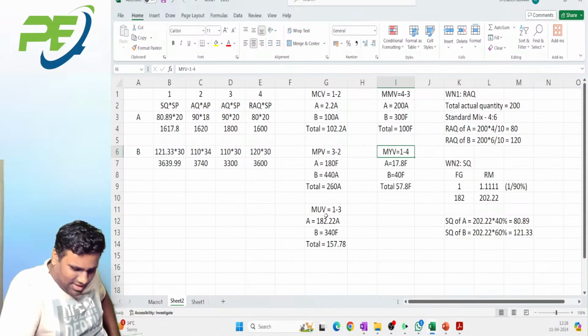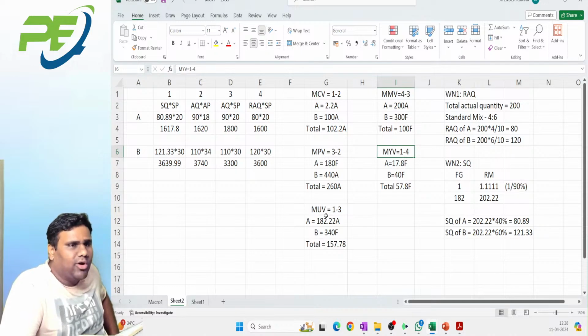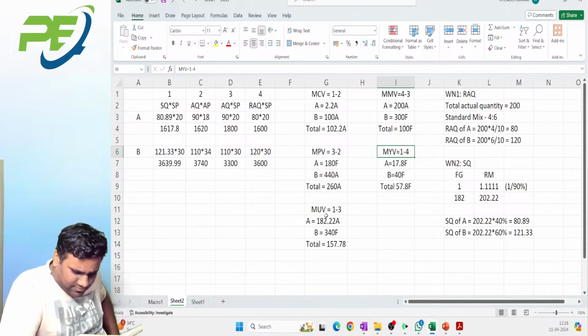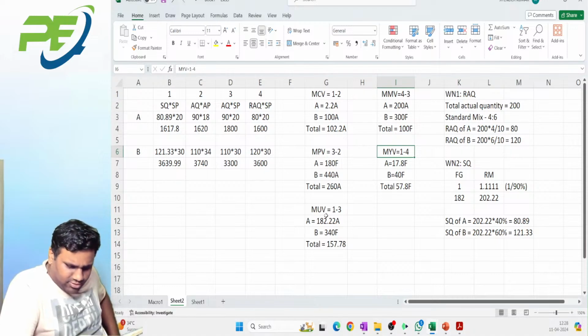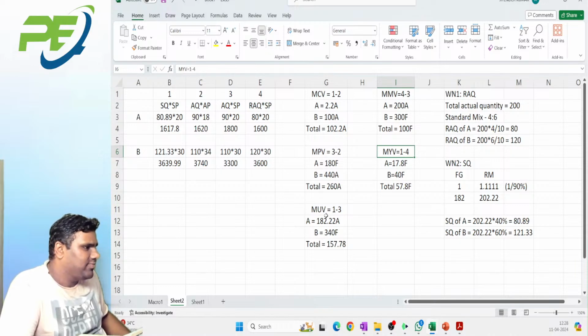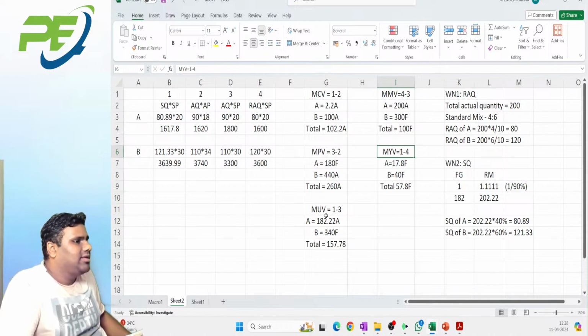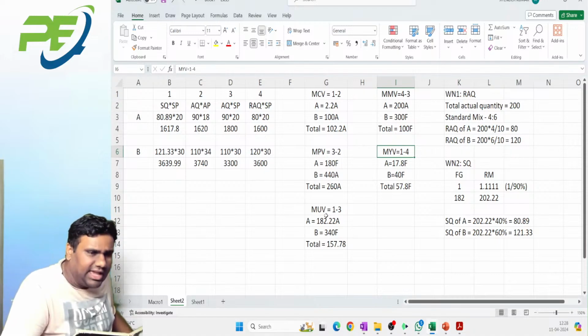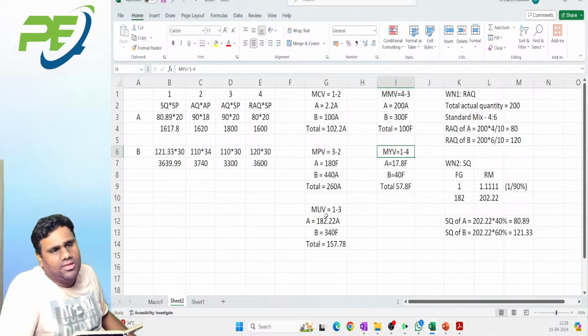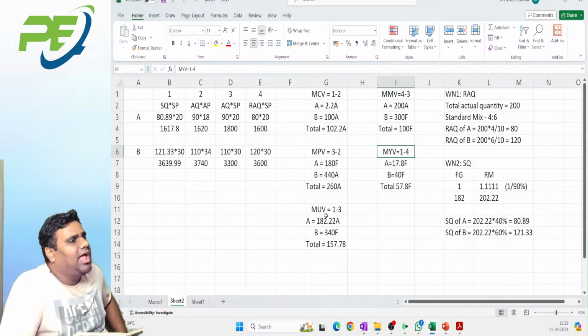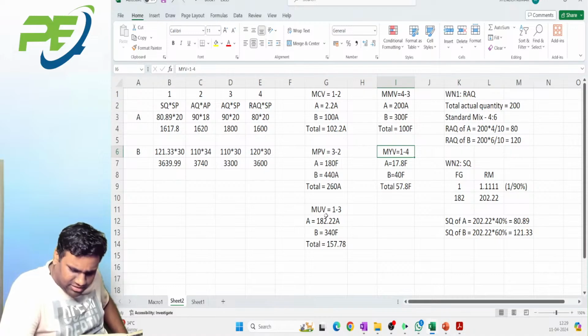Is the mix. Second point, B: column 4 is actual quantity in standard mix, while column 3 is actual quantity in actual mix.